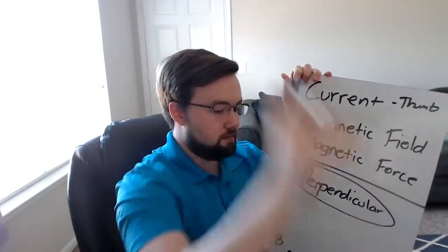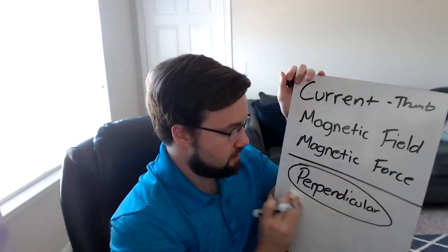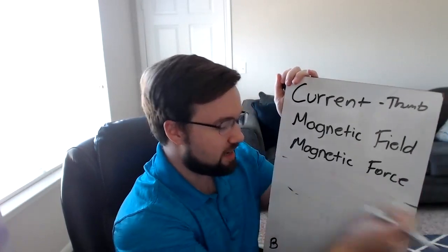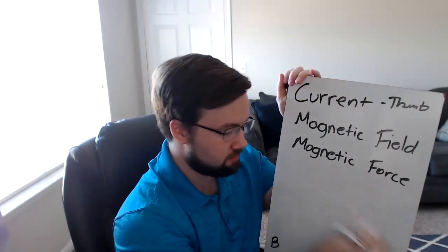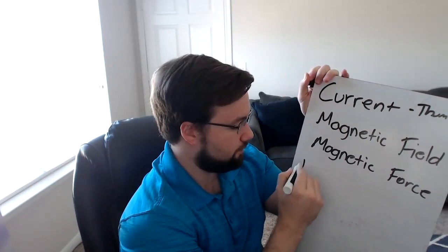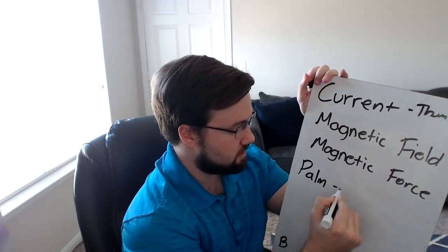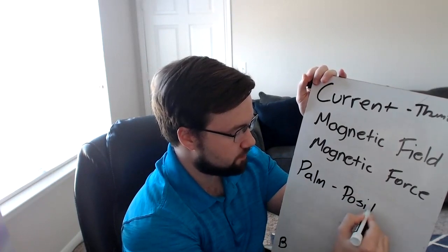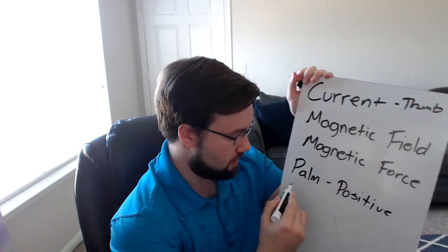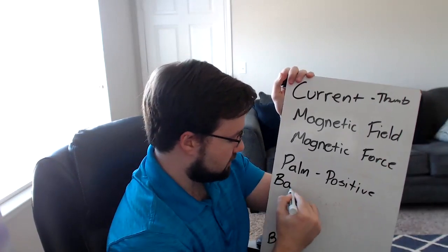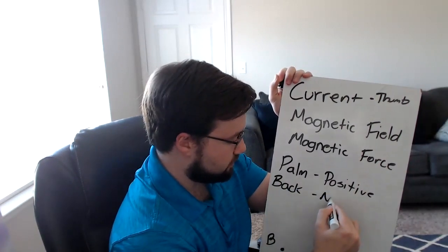Now, there can be a positive or a negative charge that's moving, that's your current. So your palm is for positive charges, and the back of your hand is for negative charges.